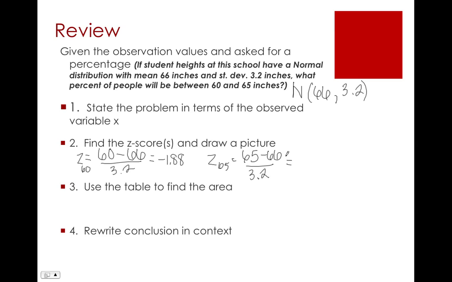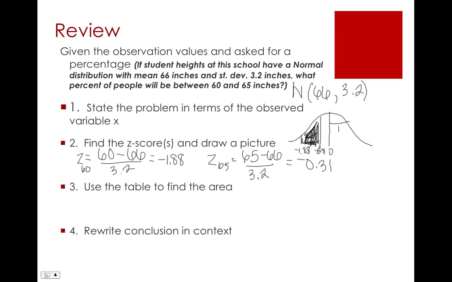So that gives me a z-score of negative 0.31. And I'm going to draw my picture. So negative 1.88 is going to be somewhere over here. Negative 0.31 is going to be somewhere over here. And I want the area in between them.